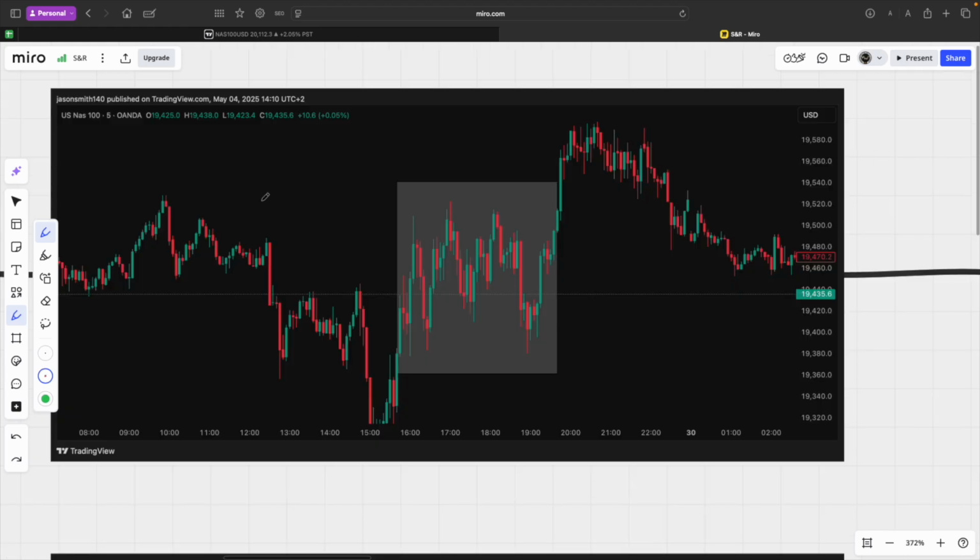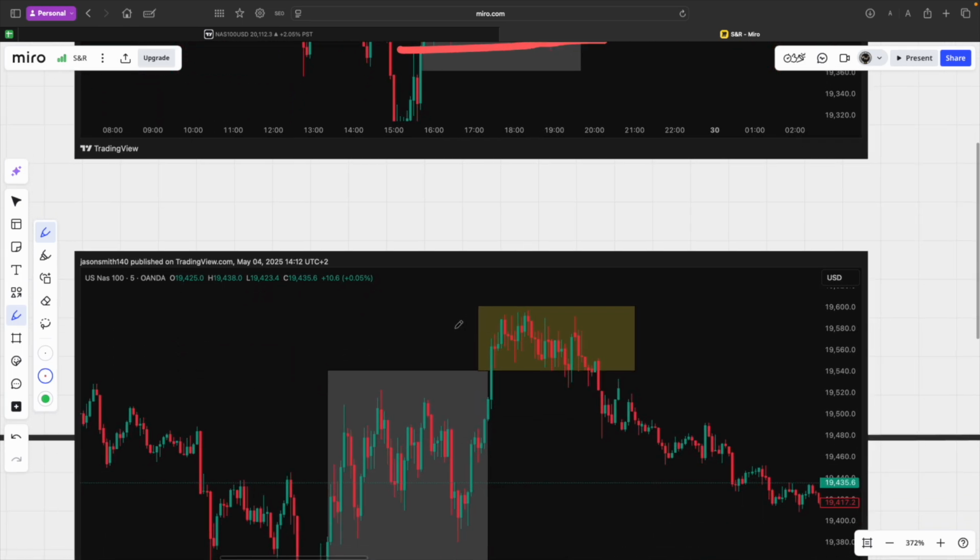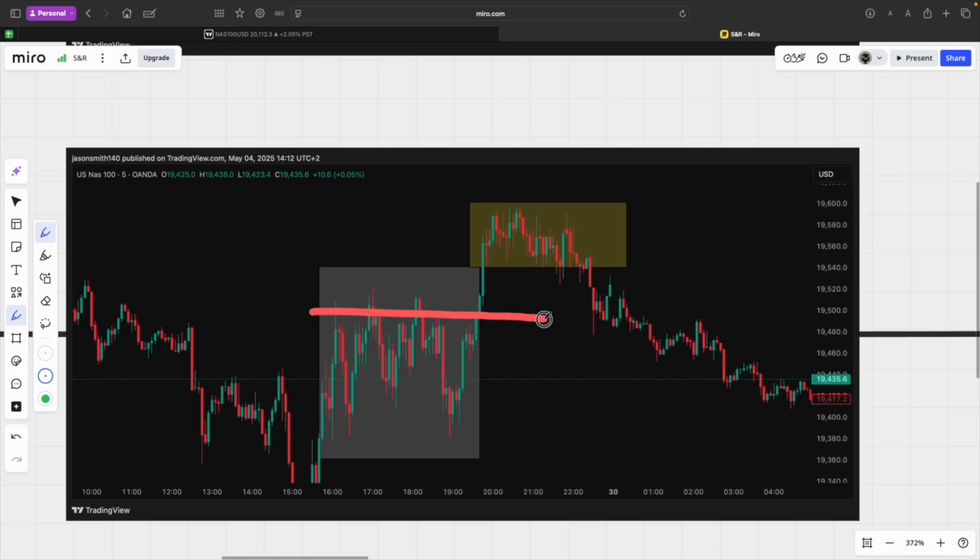Alright, so when we look at this price here, you can see the market moved sideways right over here. There weren't any big movements. So this is going to be your accumulation phase. The next one we're waiting for is the manipulation. And you can see this is where price moves, in this case, to the upside. Here you can see, here is that level of accumulation.